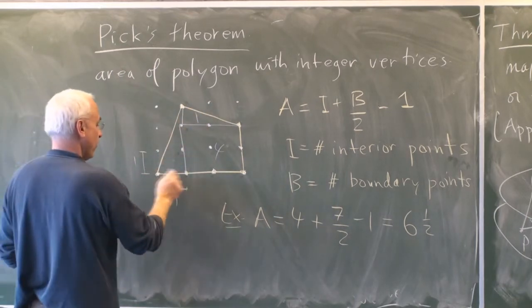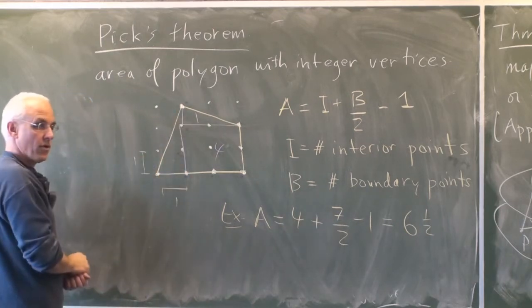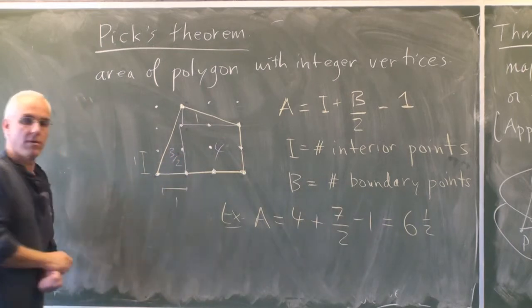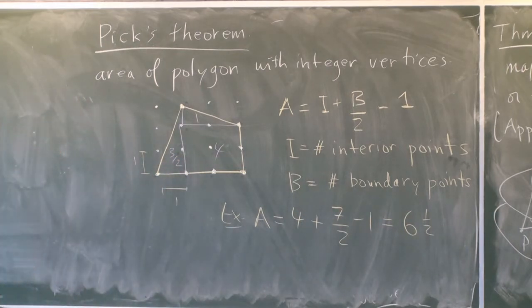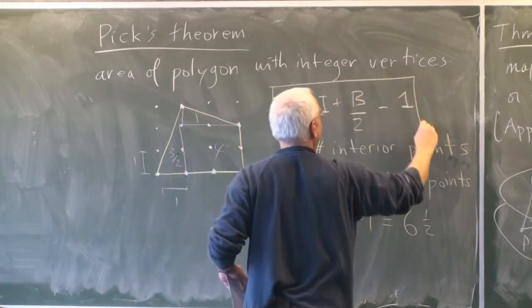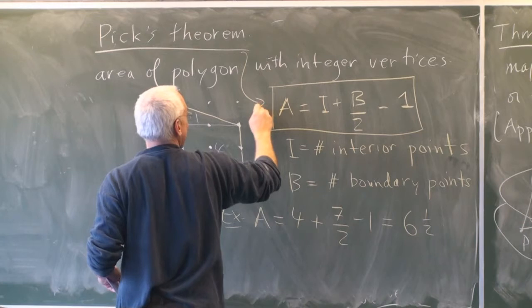And here the area is 1 times 3 over 2, 3 over 2. 4 plus 1 plus 1.5. It's also 6.5. And this is called Pick's theorem.